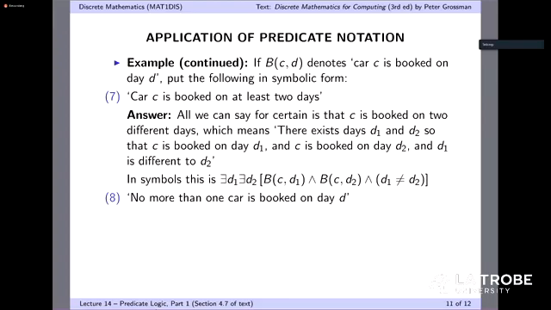For all C, less than or equal to 1? No, we don't use less than or equal. I have not introduced that quantifier. You're only going to use the quantifiers that we use so far. So think of this.